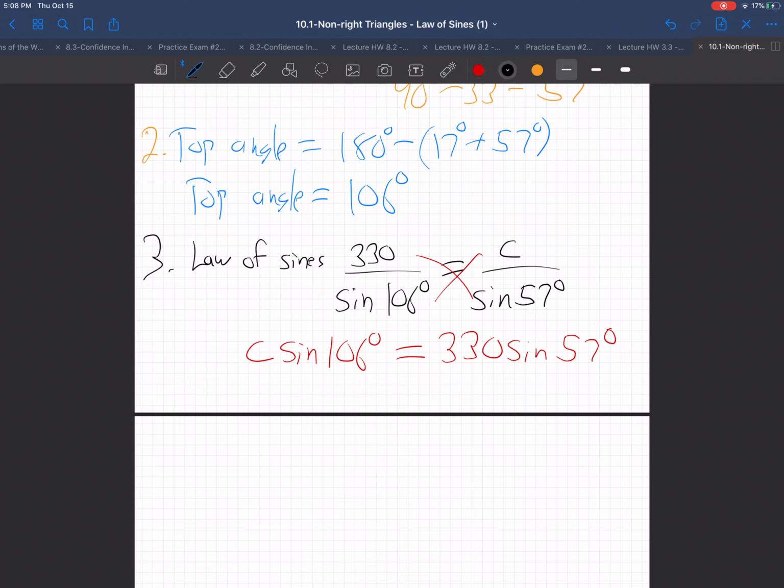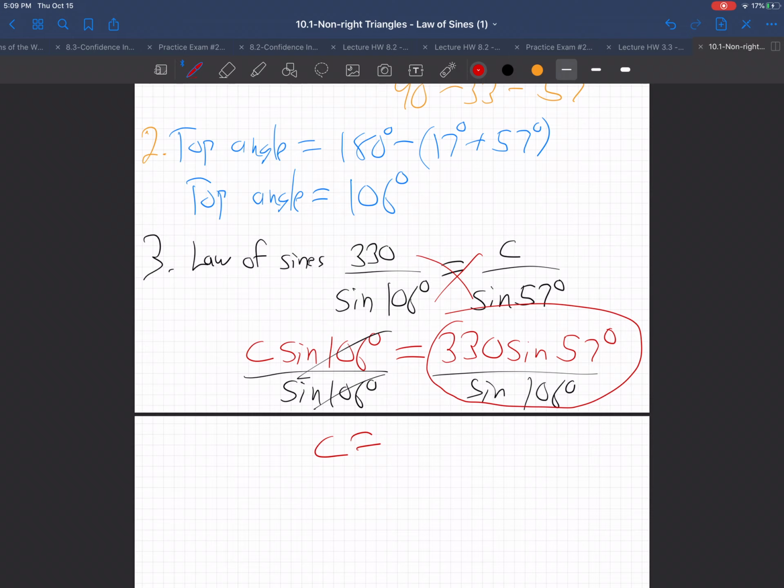And so now finish that, divide by the sine of 106 degrees. All right, so C equals, hit the buttons on your calculator. Calculate it, 330 times the sine of 57 divided by the sine of 106.